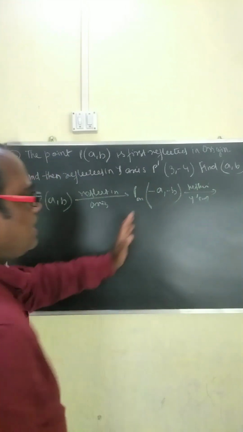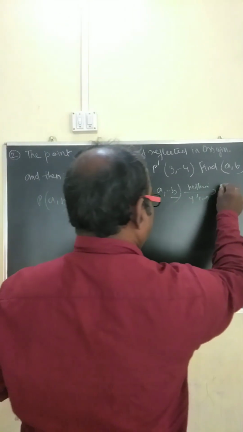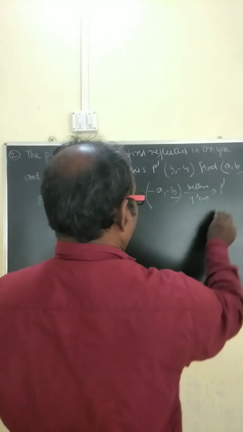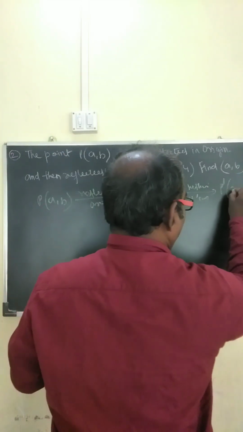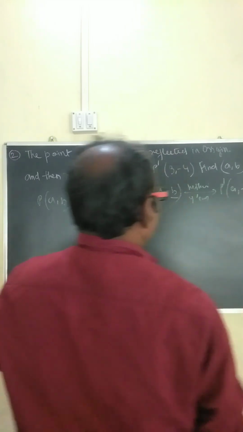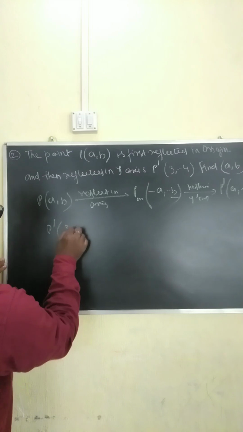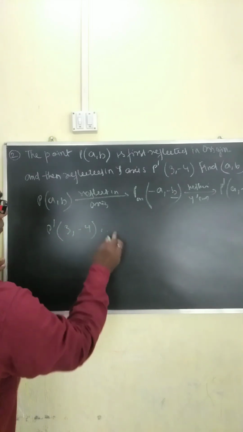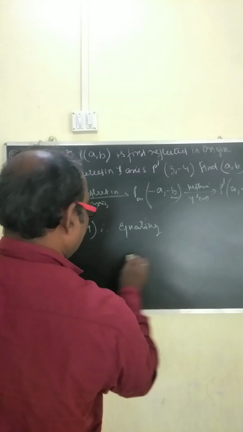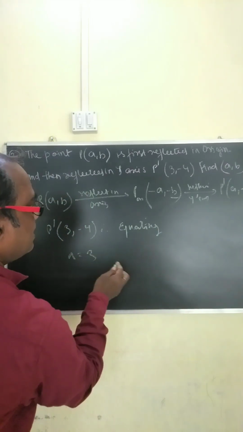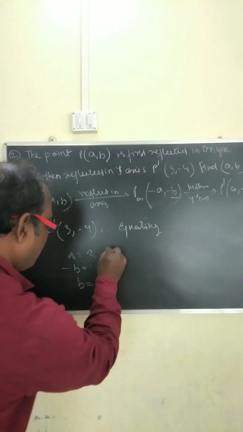When reflected in the y-axis, the y coordinate remains the same and the x coordinate changes. So it becomes P dash (a, -b). But according to the question, P dash is (3, -4). Therefore, from equating, we get a equals 3 and -b equals -4, that is b equals 4.